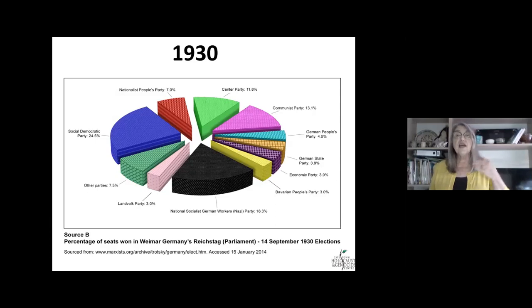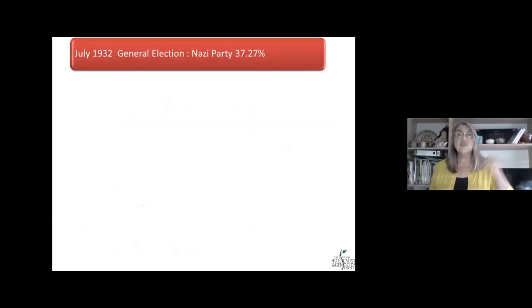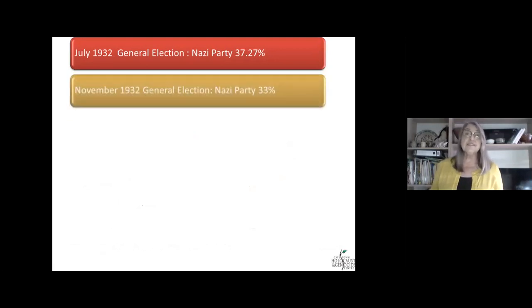So let's look at how Hitler actually comes to power, because the Nazi Party never gets a majority. How do they get into power? 1932, there's another election, and the Nazis get 37.27%. Quite a bit more than the 2.4% that they got in 1928.